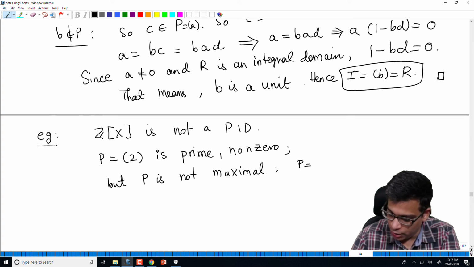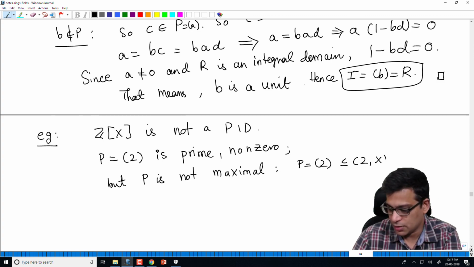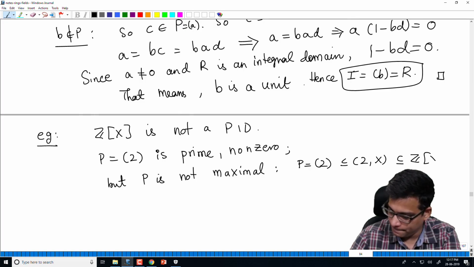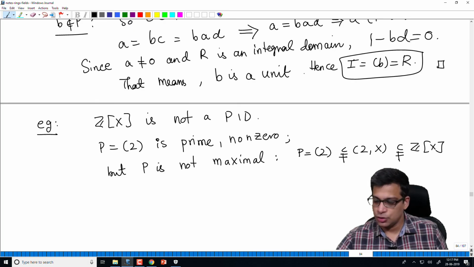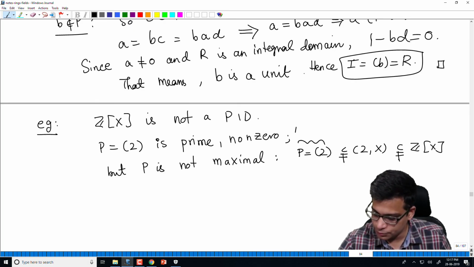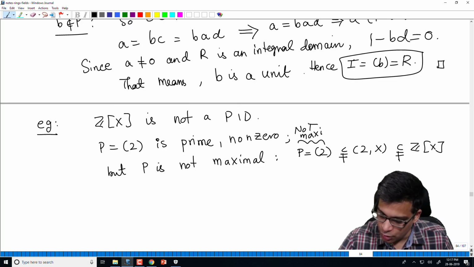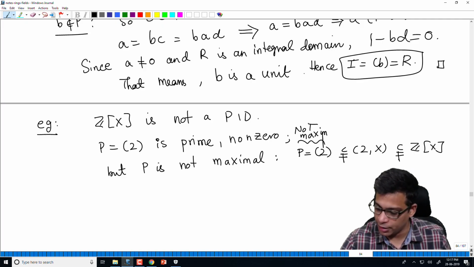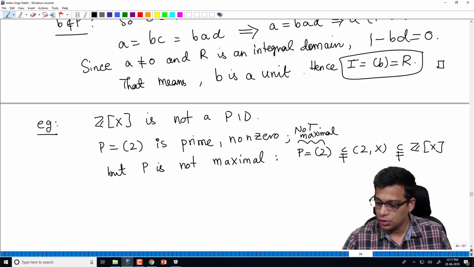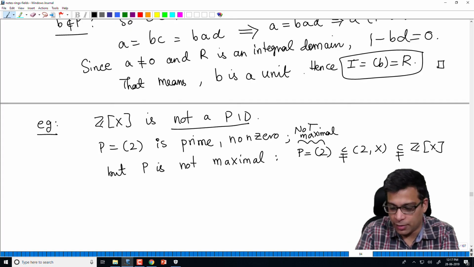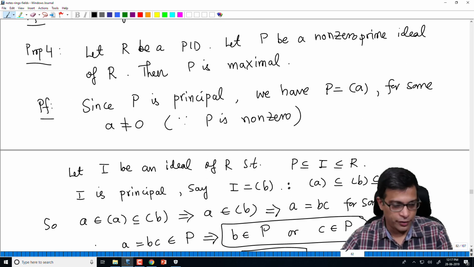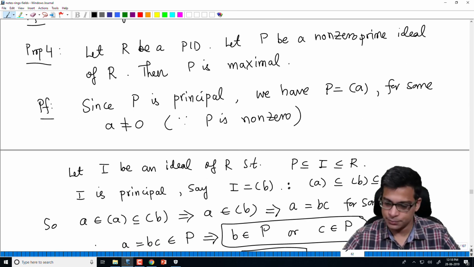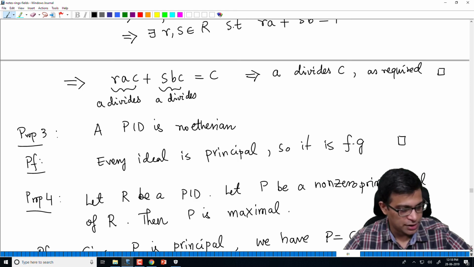Because P, which is generated by 2, is contained in the ideal generated by 2 and x. So this is not equal to P and this is not equal to Z[x]. So again, this is not maximal because it's contained in a proper bigger ideal. So this again confirms that Z[x] is not a PID, because in a PID we have shown that every non-zero prime ideal is maximal.